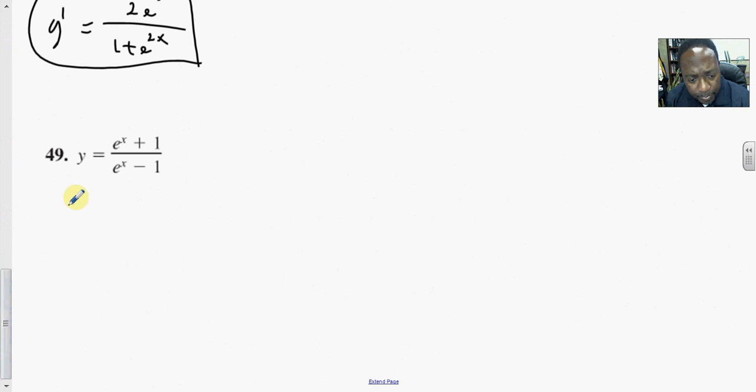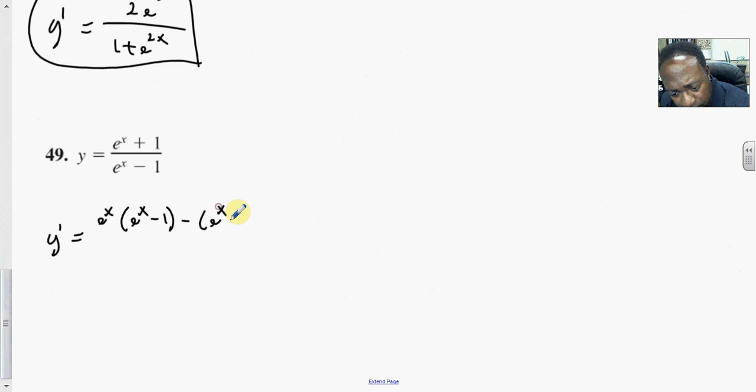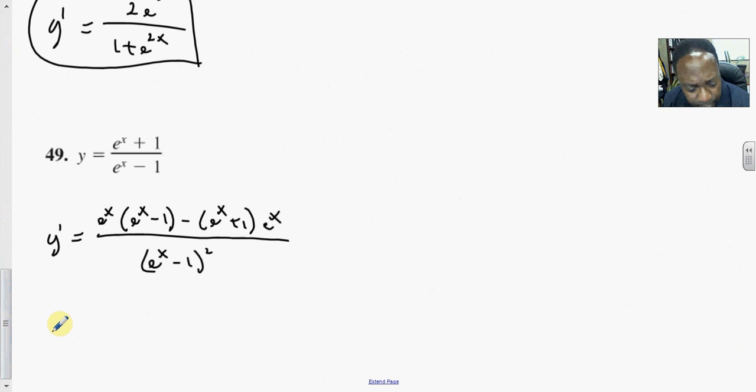Just one more here. We use the quotient rule, the derivative of the numerator, which is just e to the x, times our denominator, minus the numerator, e to the x plus 1, times the derivative of our denominator, which is just e to the x, all over our denominator squared.